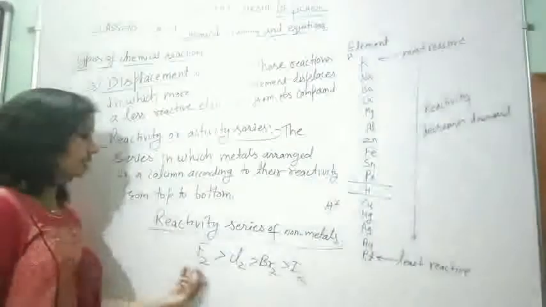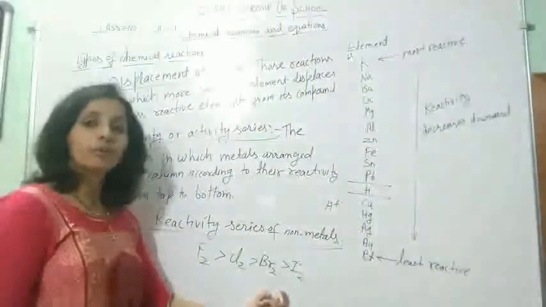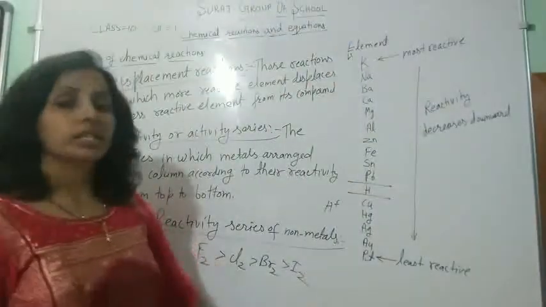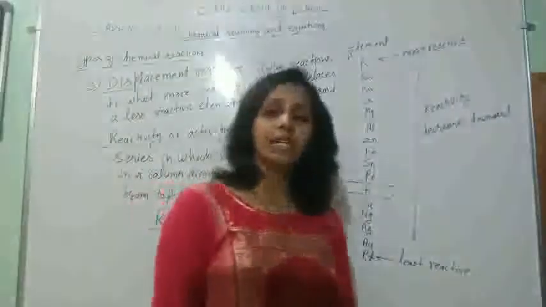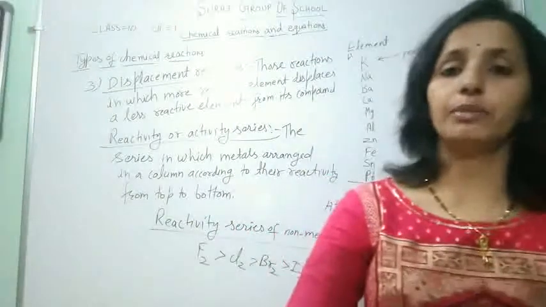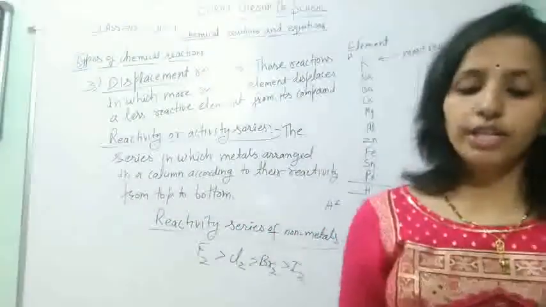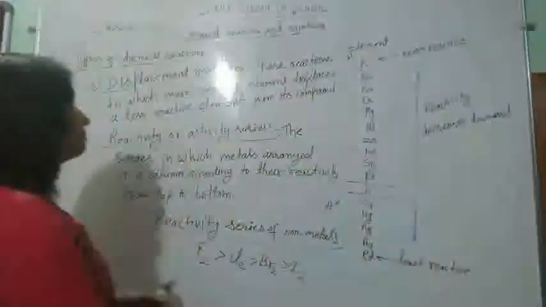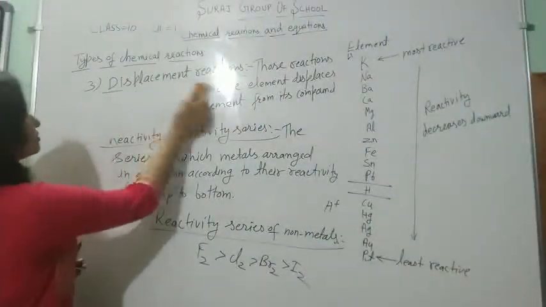Fluorine is more reactive than chlorine, chlorine is more reactive than bromine, and bromine is more reactive than iodine. This is the reactivity series of non-metal group 17 elements of the periodic table.